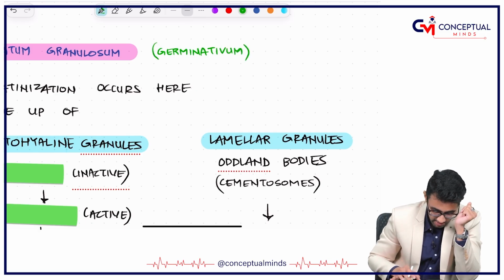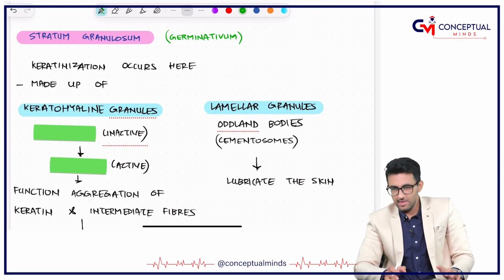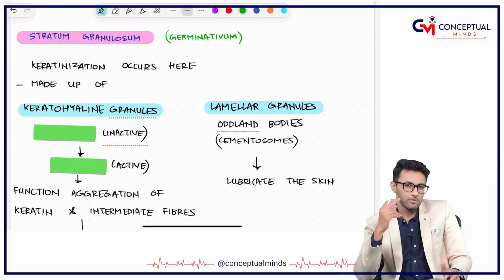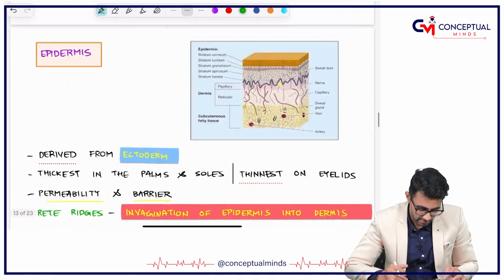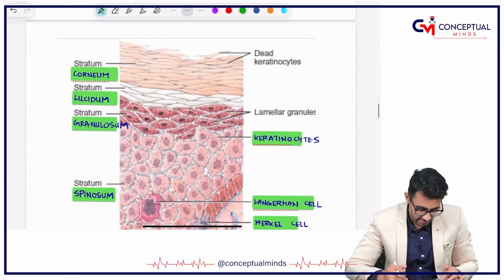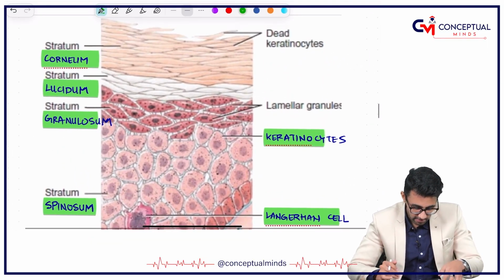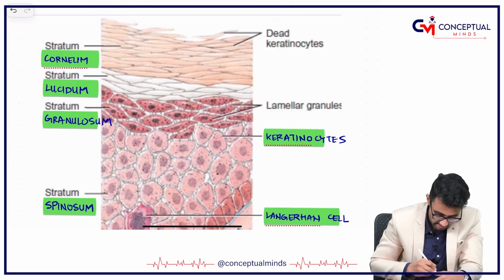A lot of things are happening in this layer, so let me go back to that diagram and show you. Let us have a brief look at how we will go ahead with this. This is the stratum granulosum.